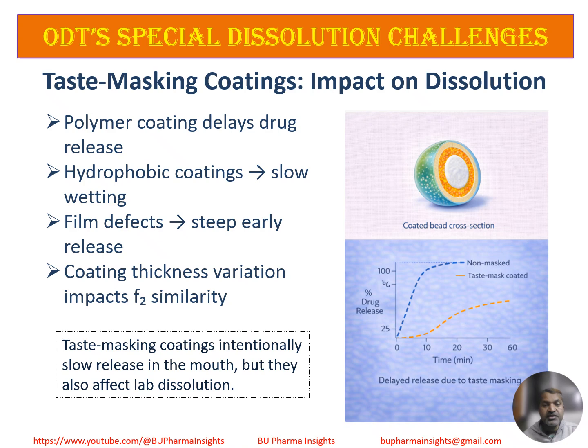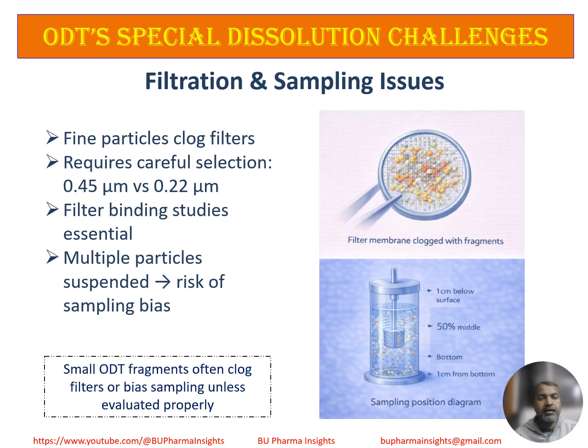That's why discriminatory testing is critical. During method development, test undercoated batches and test overcoated batches. Confirm the method can detect real differences. Remember, coating thickness variation changes the dissolution curve and directly impacts F2 similarity. A good method must separate good from bad coatings, not hide the differences.